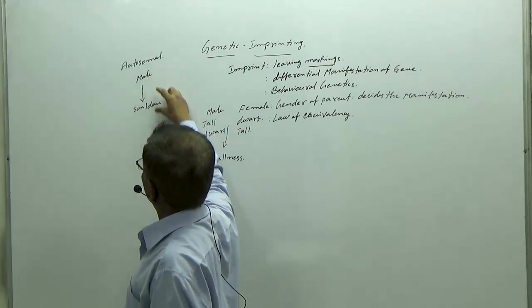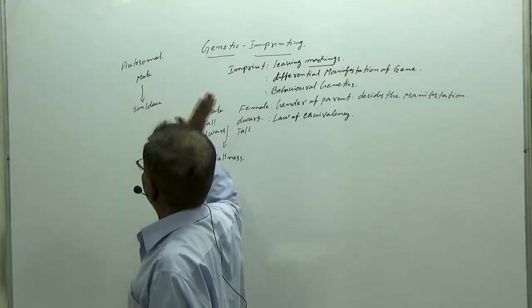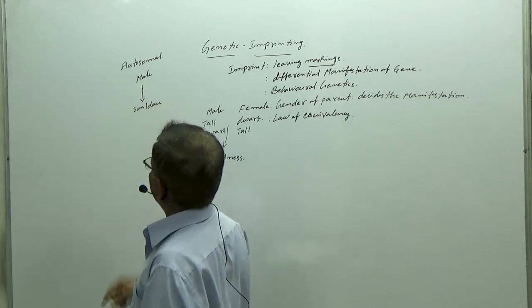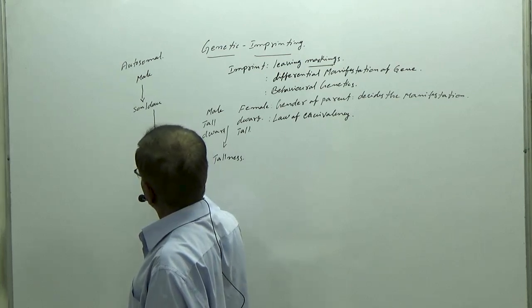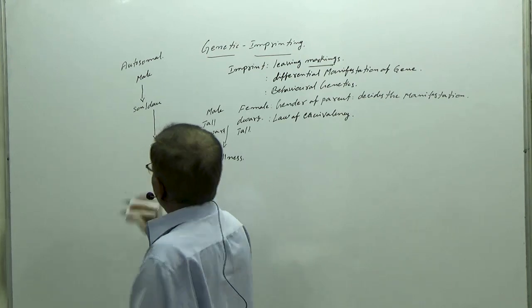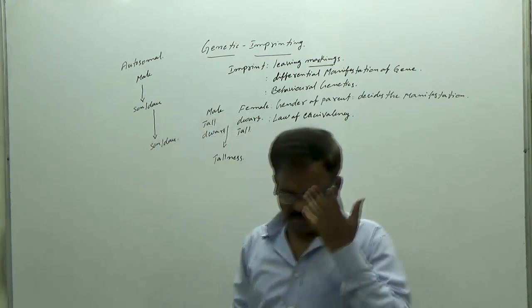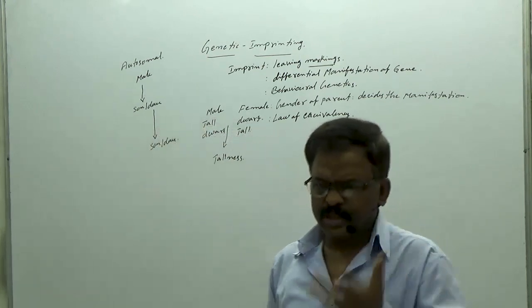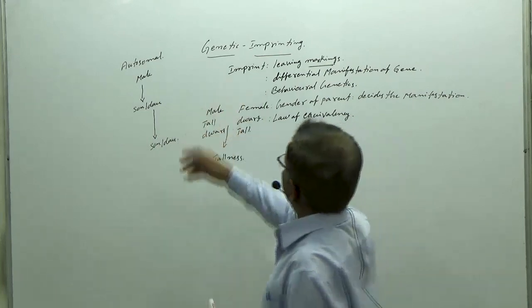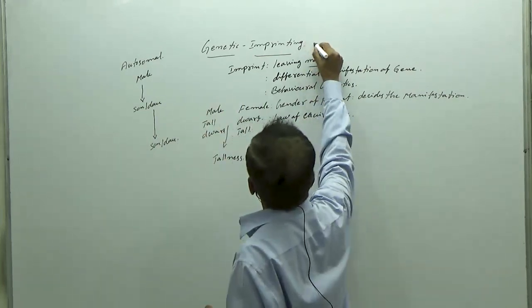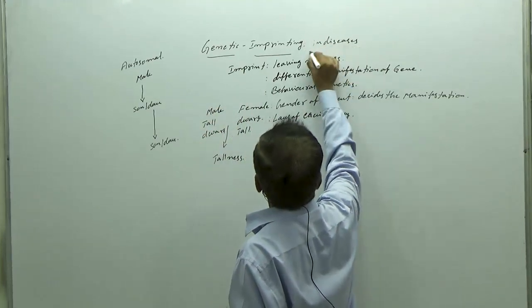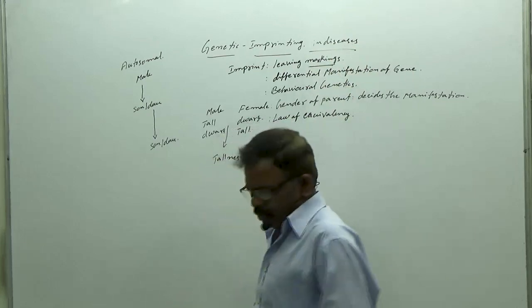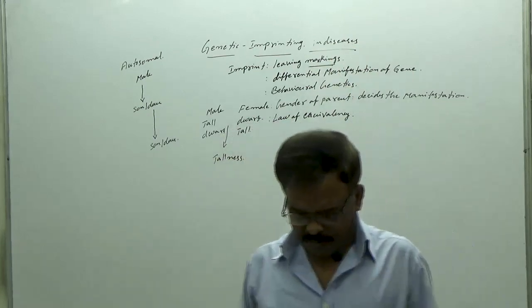If father is tall, both son and daughter is tall. Again, this daughter tall, her husband also tall, then even her son and daughter also tall. If that is autosomal case. But in some diseases, this case is totally reversed.